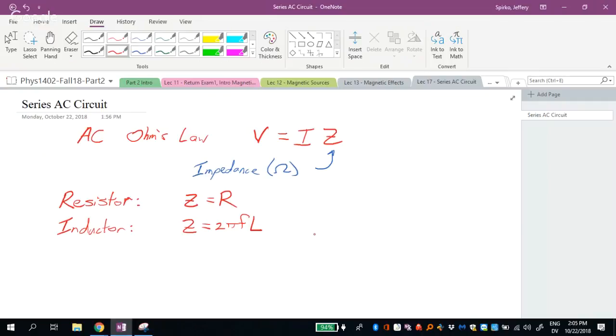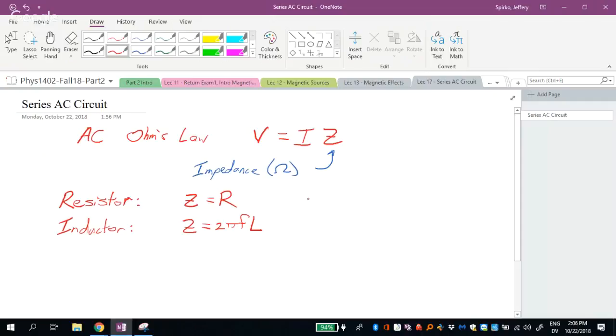If you have a very low frequency, the inductor will have a very low impedance because the impedance is proportional to F. That means the inductor allows low frequencies to pass through. Whereas if you have a high frequency, the inductor reacts, so we sometimes call that quantity reactance, by having a high impedance. And it basically blocks high frequencies from going through.